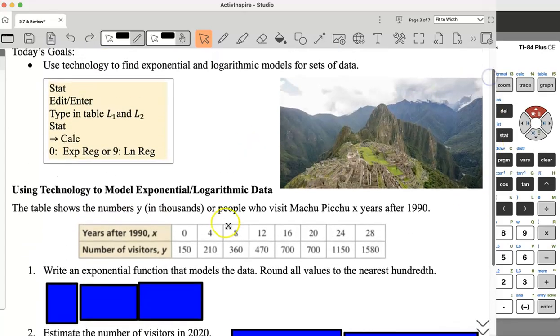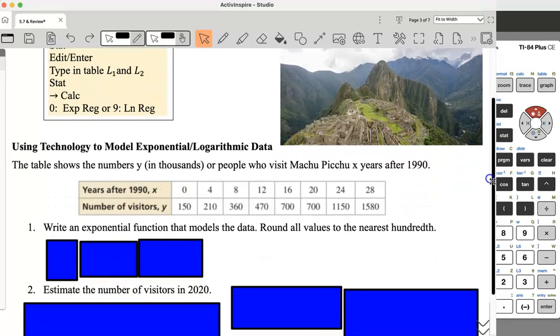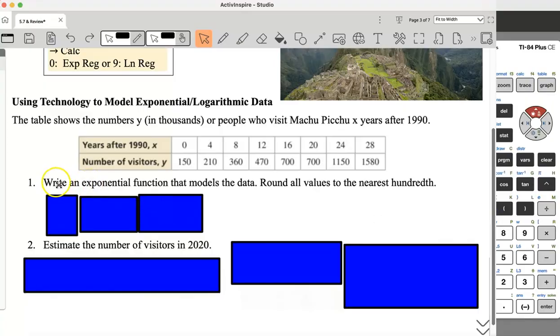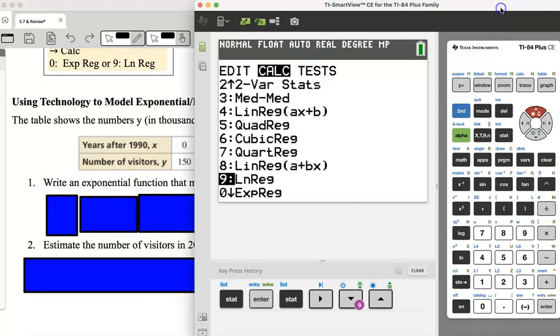So the first example shows the number in thousands of people that have visited Machu Picchu after the year 1990. And so we're going to type this table into our calculator, and then we're going to write an exponential model.